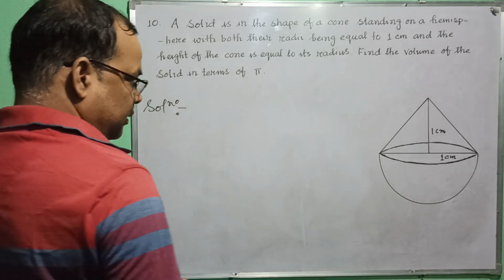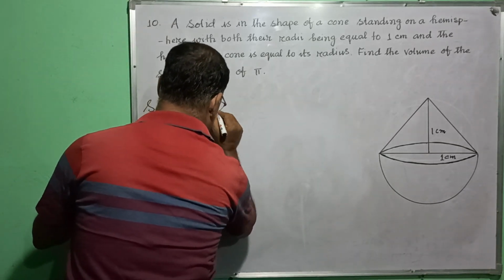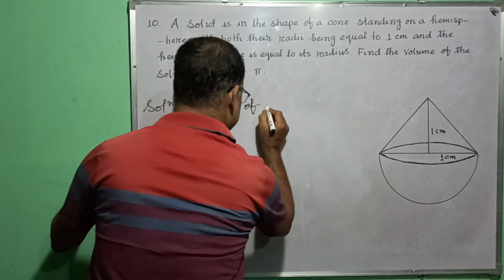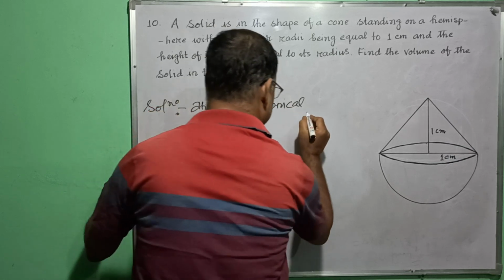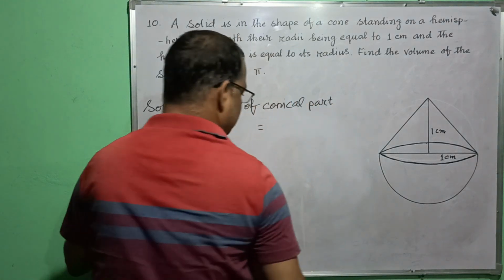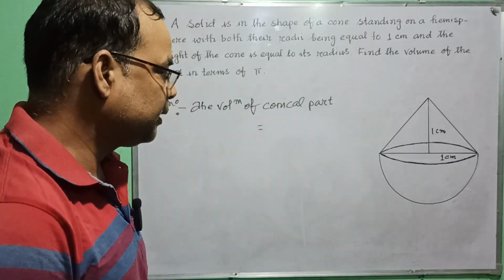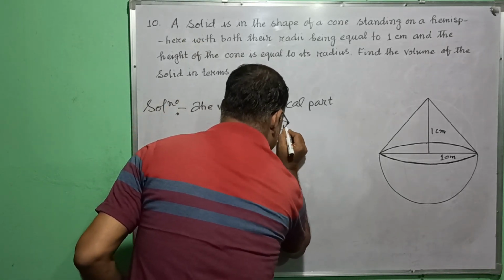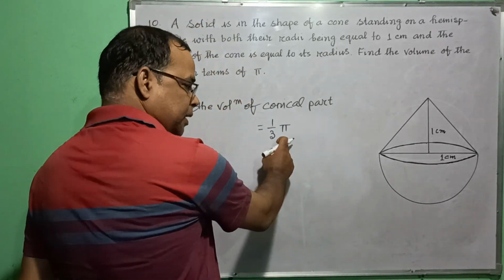First we will find the volume of the conical part. So what is the volume of a cone? It is 1/3 pi r square h. So we'll write 1/3 pi, let it be, because as it is given in terms of pi, so we'll not change the pi.